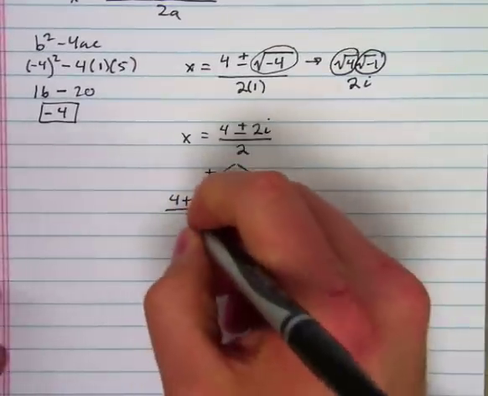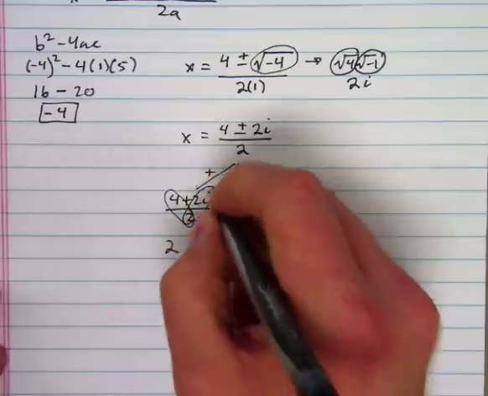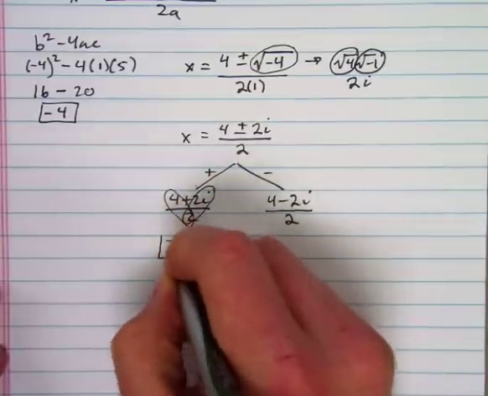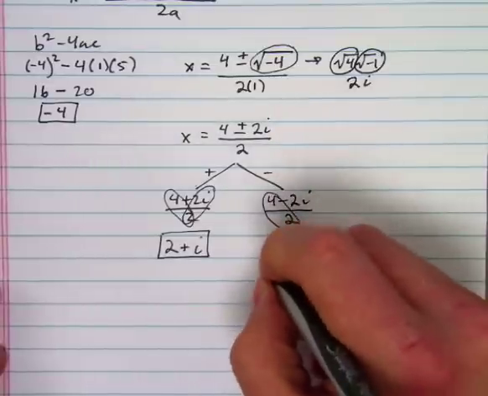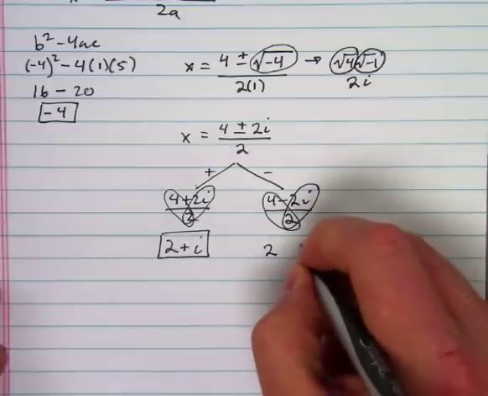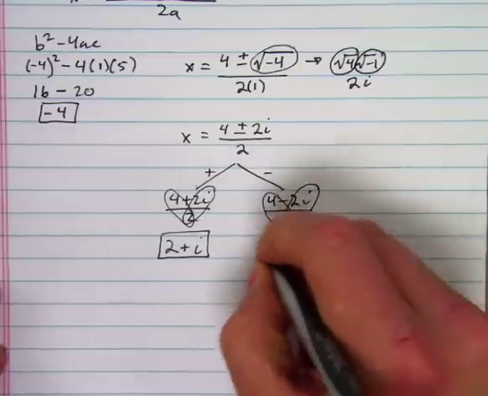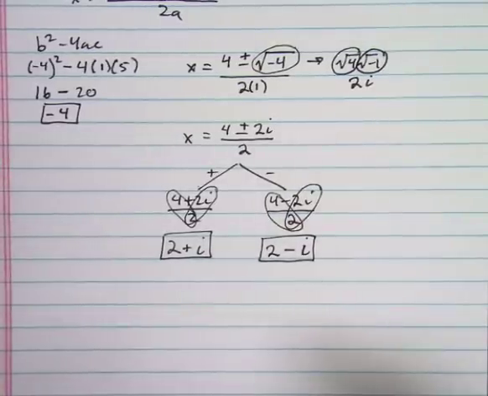And if I do my butterfly, 4 divided by 2 is 2. 2i divided by 2 is just i, and there's a plus in between. That's one of our answers. On the other side, 4 divided by 2 is 2. 2 divided by 2 is 1i, and the minus just stays there. I have two complex answers.